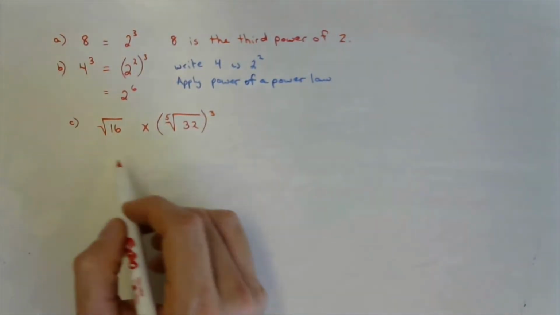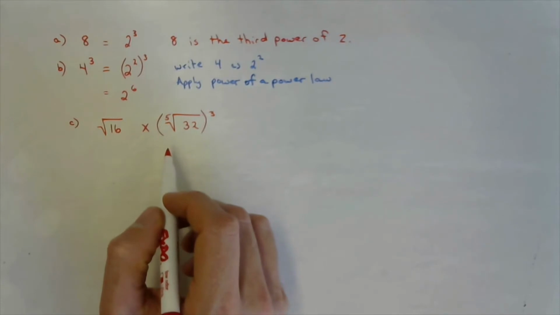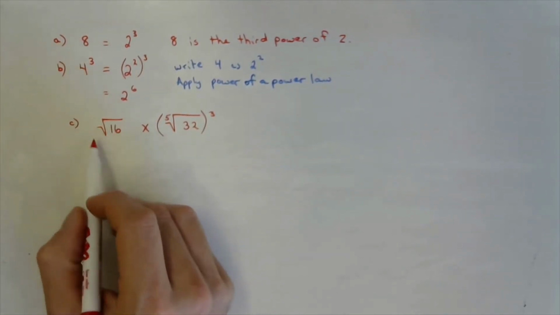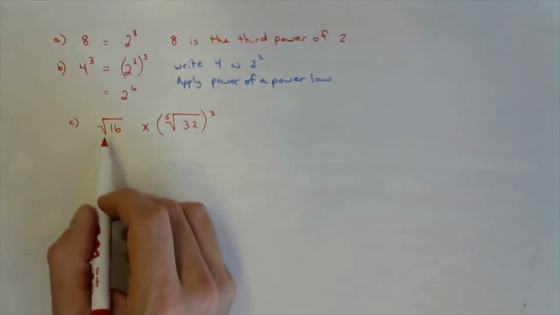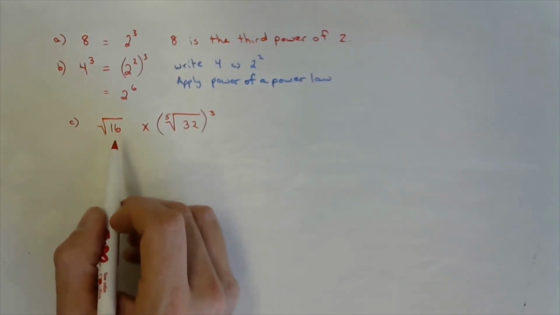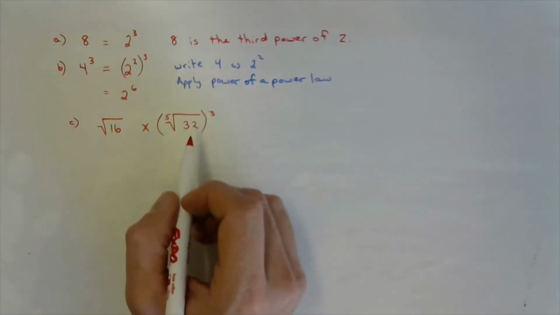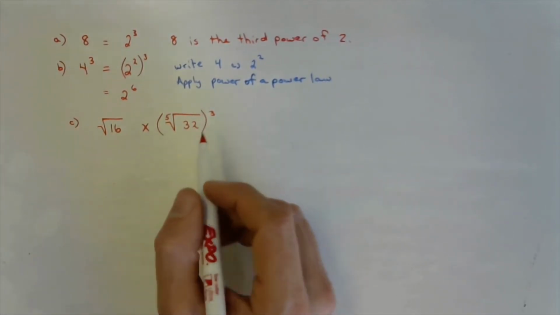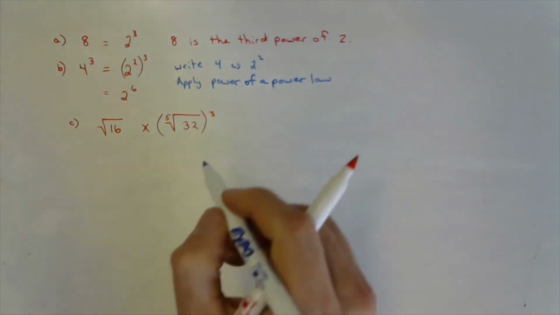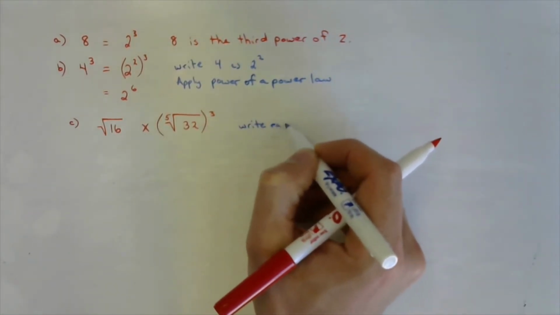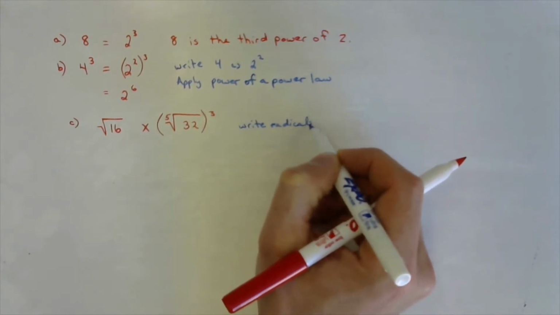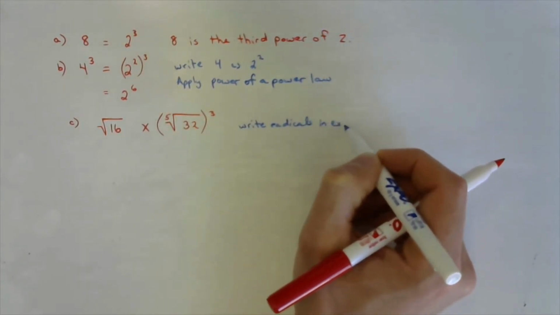We don't want to deal with them in that form. Maybe square root of 16 you can just do off the top of your head and reduce it to 4, and then you can work from there. What we're going to do instead is get down to a base of 2 as quickly as we can. In order to do that, we're going to write the radicals in exponent form.